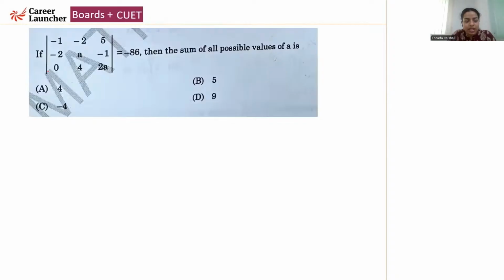Looking at question number 6, it says that if the determinant of this particular matrix is equal to -86, then what is the sum of all possible values of A? I'm going to expand the determinant along row 3. So what will we get? This is going to be -4. Now let's calculate 1 plus of 10, and this is going to be plus of 2A. So it is going to be minus of A minus of 4, and this expression is equal to minus of 86, right?